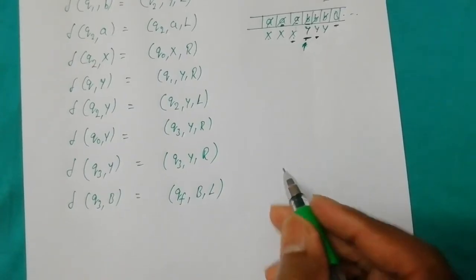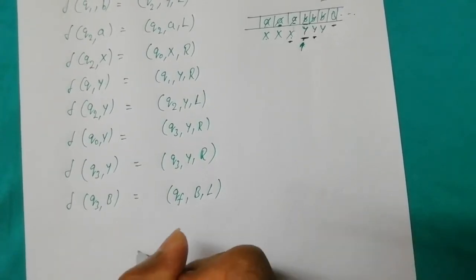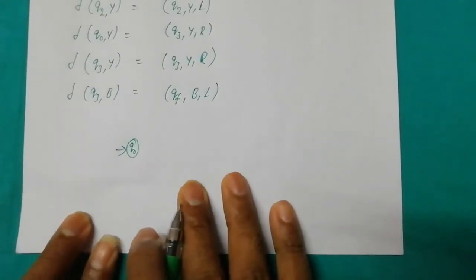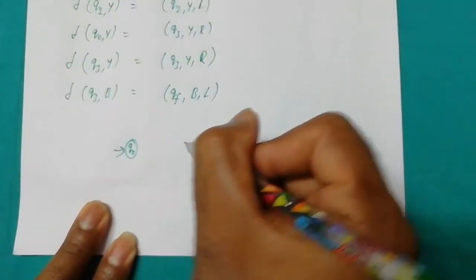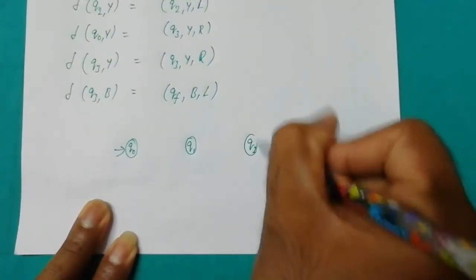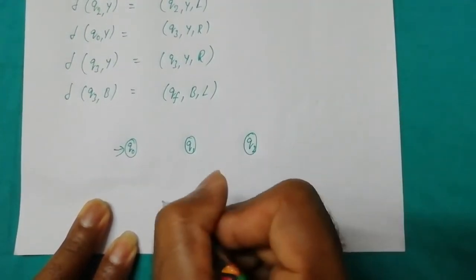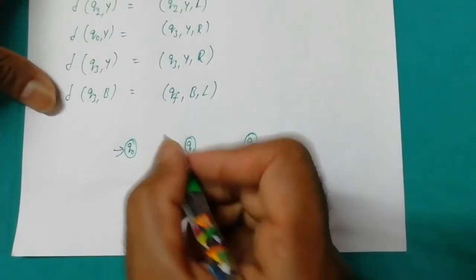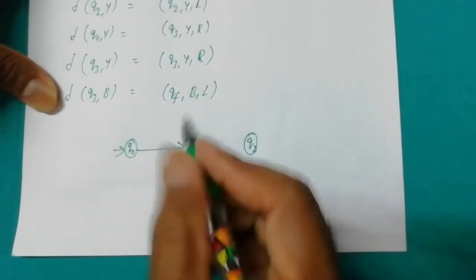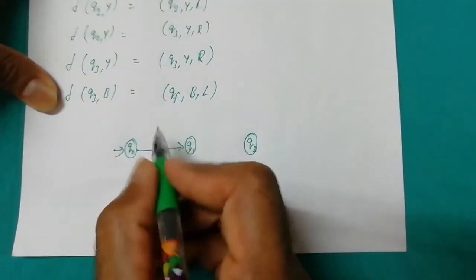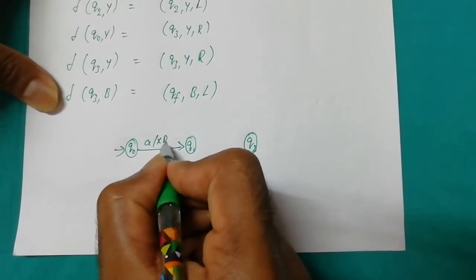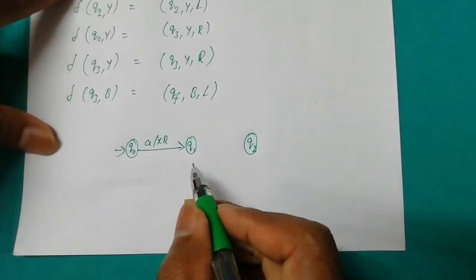We can also define a transition diagram for this. That is, the initial state is Q0, Q1, Q2. Q0 comes across with A, we move to the state Q1, we convert that A into X and we move one cell to the right direction.